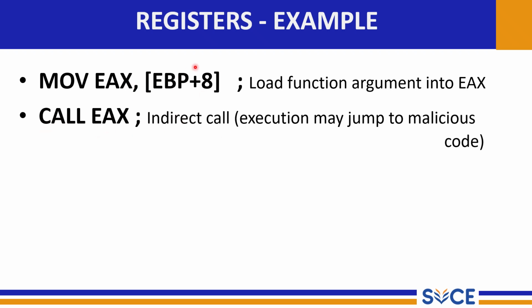Once we have loaded this value, that is ebp plus 8, into the register, we go for an indirect call, so execution may jump to malicious code. This is a small example.